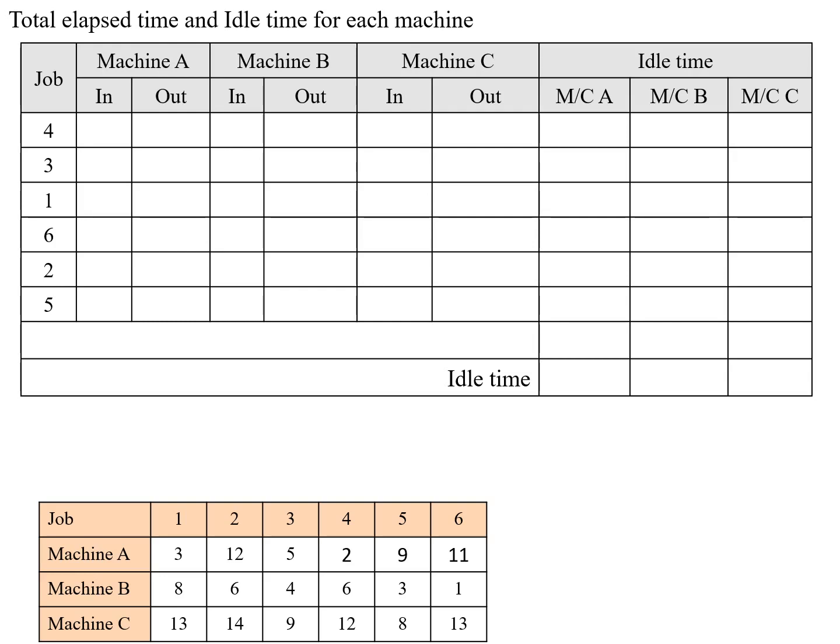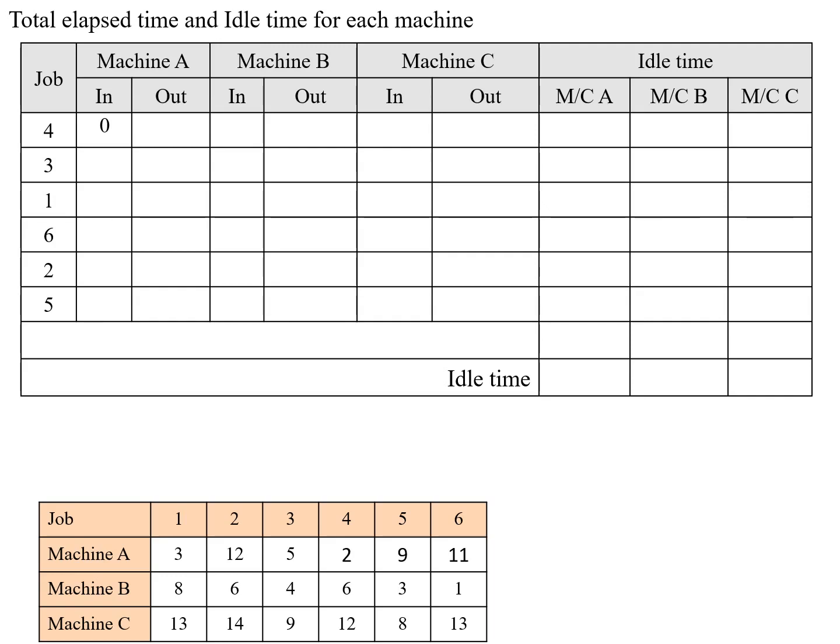First we have to start with job 4 on machine A. Here the in time for job 4 on machine A is 0, which means machine A will receive it immediately without any waiting.